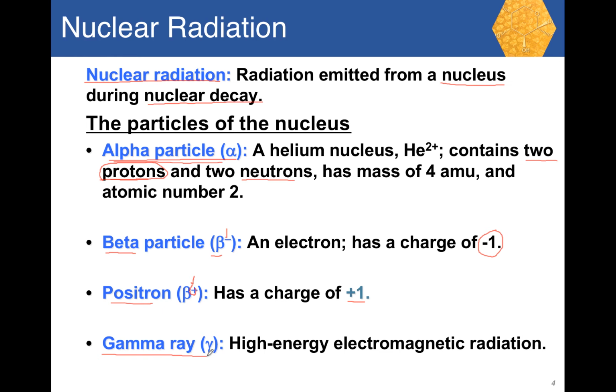This was the one that went right through and was not attracted by the electrodes. Went right through the center. There was no deflection. So these are the four particles that we will examine for the next few slides: the alpha particle, the beta particle, the positron, and the gamma ray.